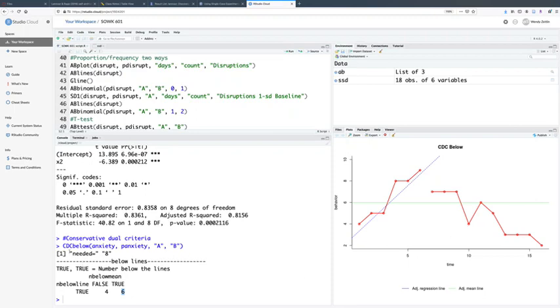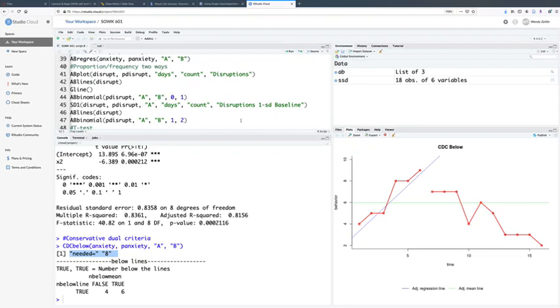But in order to have statistical significance, we needed 8. So while it looks like the intervention is going in the right direction, there are not statistically significant differences at this time in between the intervention and baseline data. We'll want to know more because, again, you need a decent amount of data to have significance.